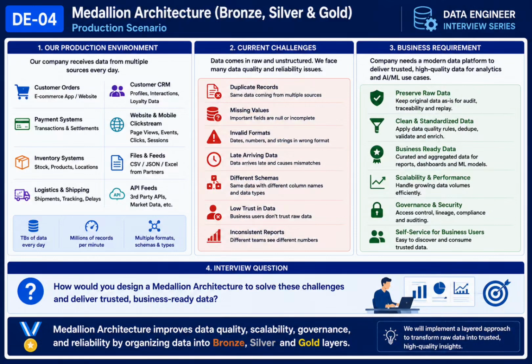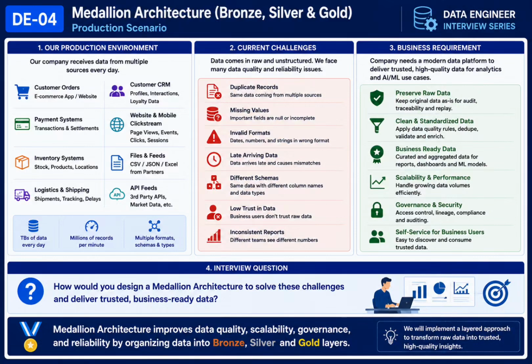So some records contain missing values, some are duplicated because of retries, and some arrive late due to network delays, and APIs may change their schema without notice, and files can be incomplete or corrupted. So if we allow business users to build reports directly on this raw data, they will quickly lose confidence because their dashboards show inconsistent numbers. So this is exactly why Medallion architecture was introduced.